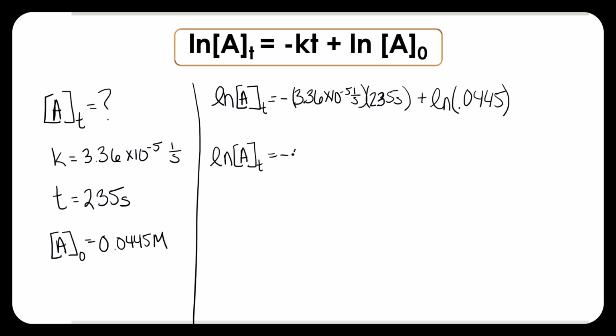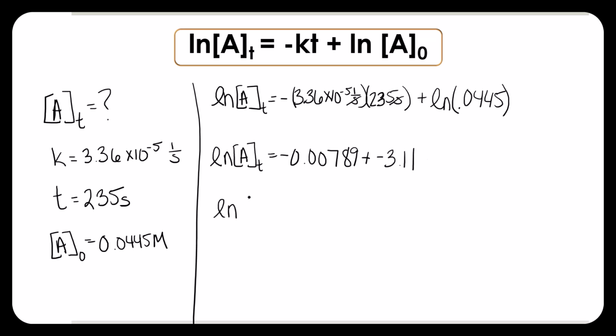And we get negative 0.00789. Seconds on top, seconds on the bottom, those cancel. We're left with a unitless number. Then I'm going to plug in natural log of 0.0445, and I get negative 3.11.